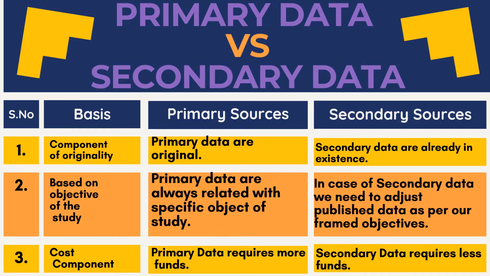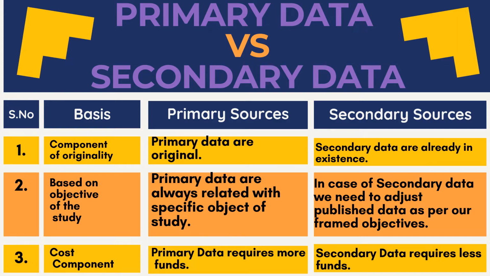In the primary sources, the data are more original, and in the secondary sources the data are already in existence. So for the first point we can conclude the primary data are more original and the secondary data are the sources which are already in existence, that is, they may be original or may not be original.